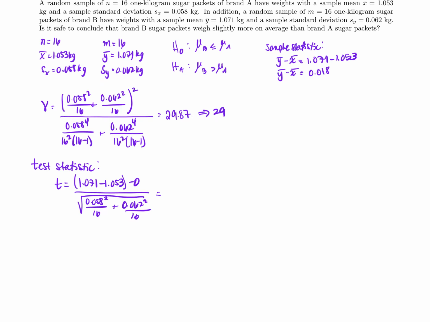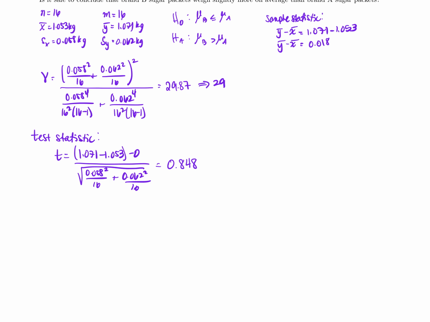Or we get a t-value of approximately 0.848. Well, considering we were going for B being greater than A, which means B minus A is positive, I think we're on the right track.